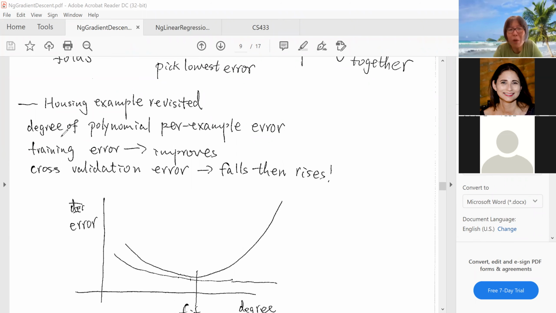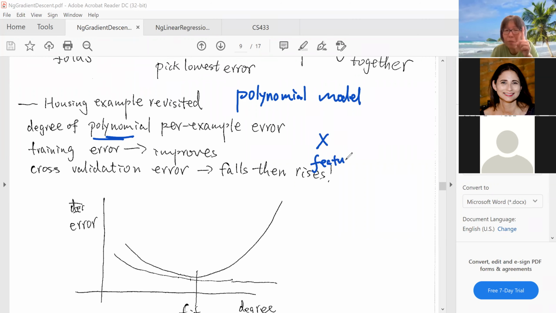What is the next part? We are also going to discuss the polynomial case. Generally speaking, if you try to use the polynomial model, in this case we have a single feature, and that single feature is the house size.